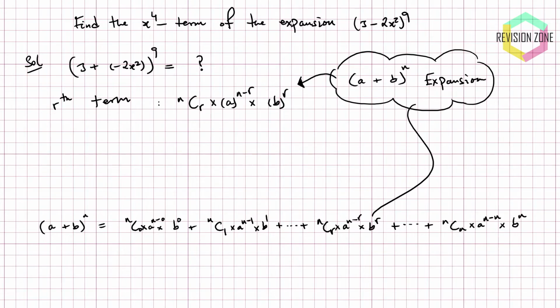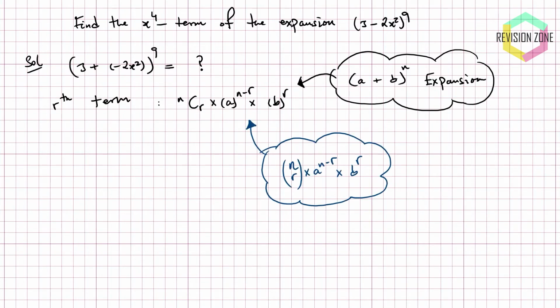Likewise, if r is n, this term becomes this term. So if you wanted to write out the binomial expansion, you can just write this term out and say make r run from 0 to n, and then add up all the terms you get. So this is the general rth term formula.